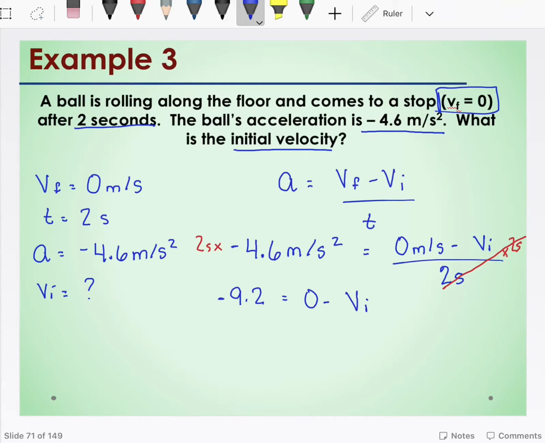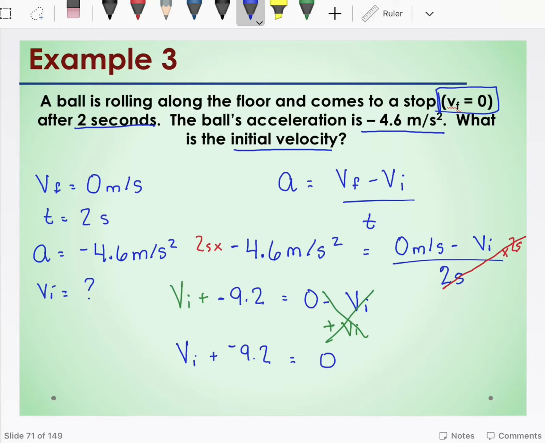Now, what I'm going to do is move over the VI first in order to get it to be positive. So I'm going to do the opposite operation, which is add VI to both sides. Okay, and those cancel. Let's look at what we've got now. We have VI plus a negative 9.2 equals 0 so far.